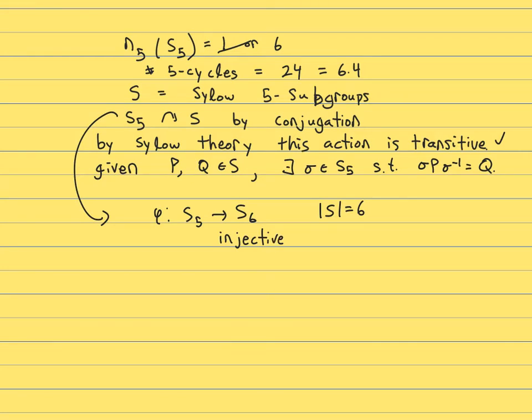Because what's the kernel of the action? Well, you would need a permutation with the property that it fixes all of these. And remember, P is going to be the cyclic group generated by a 5 cycle.